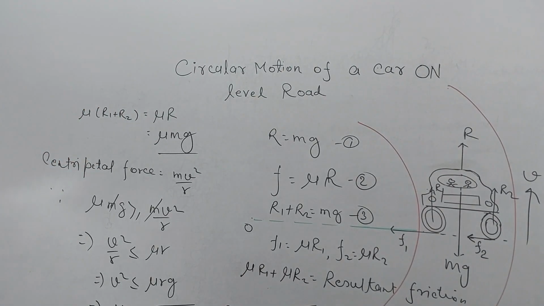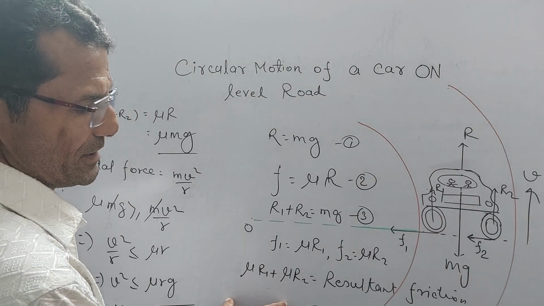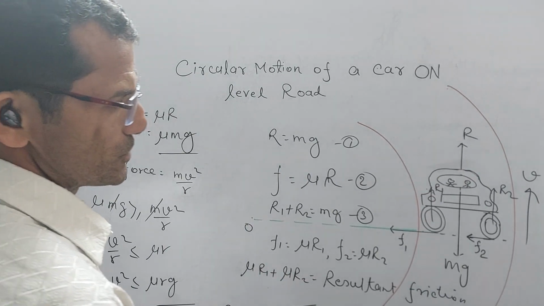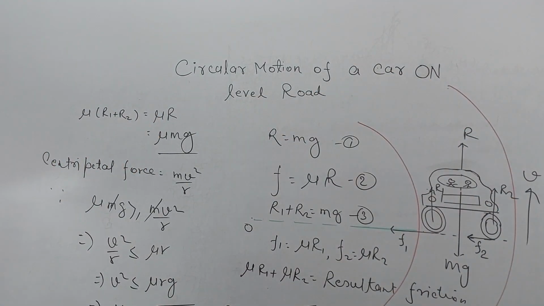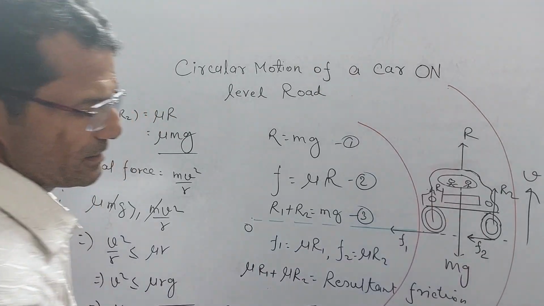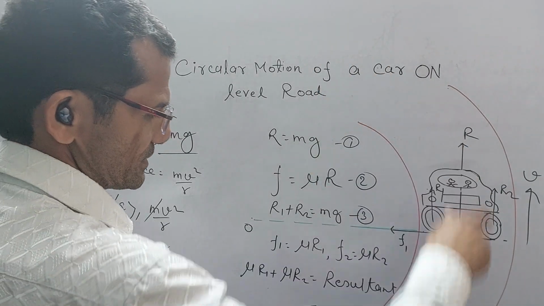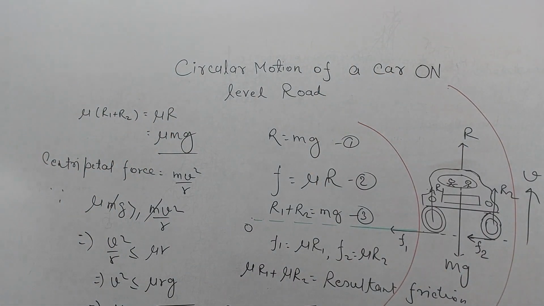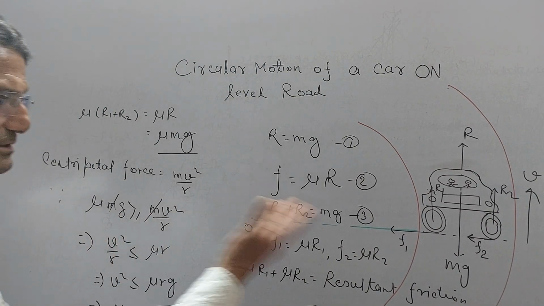If a vehicle crosses this limit, then the vehicle would have to go in a greater circle, but we have no area to make a greater path, so the vehicle goes out of the road.